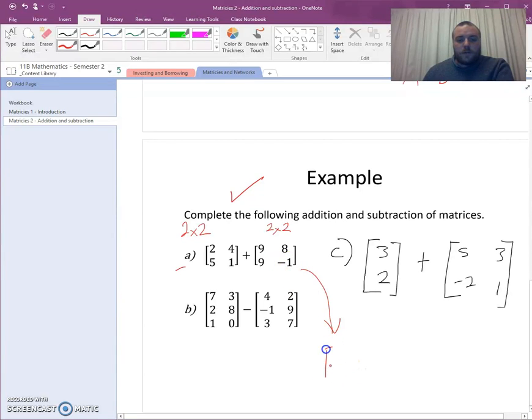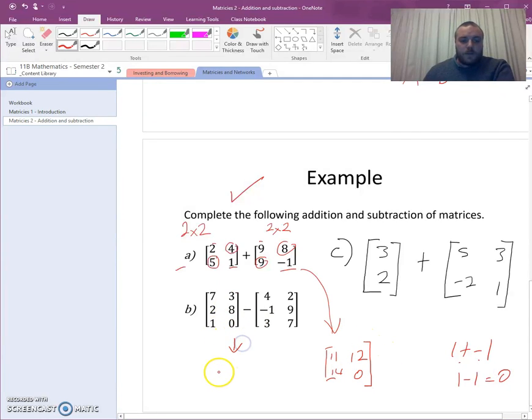We're going to make a new matrix. 2 plus 9 makes 11. 4 plus 8 makes 12. 5 plus 9 makes 14. And 1 plus -1, remember this, a positive and a negative, if they're different signs, it ends up being negative. So it's 1 take 1, which is 0. So that position is 0.